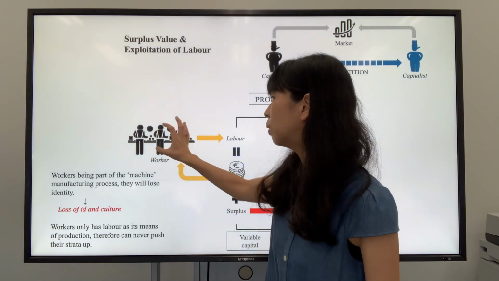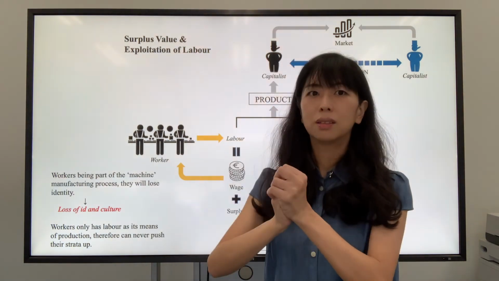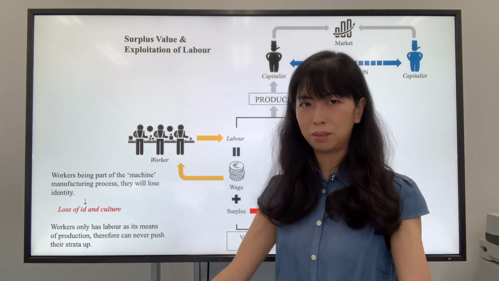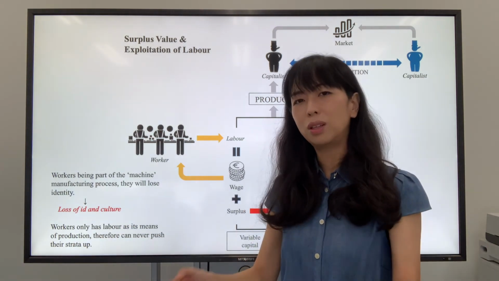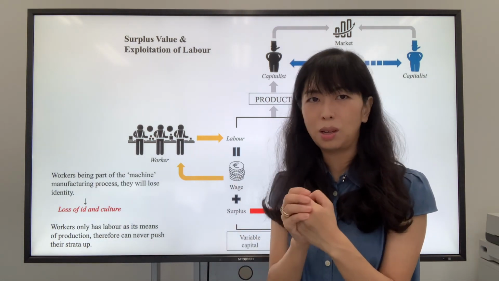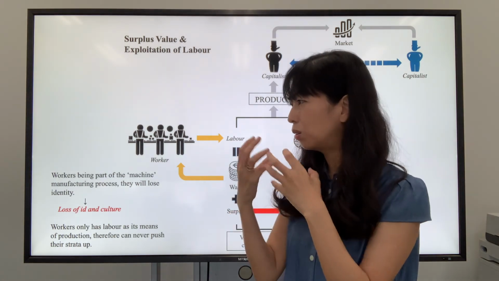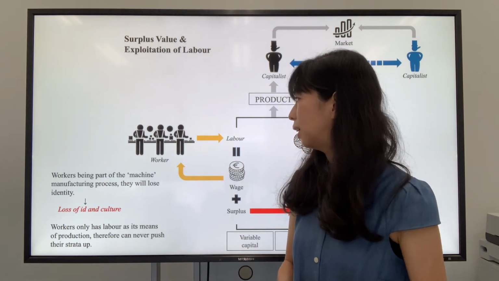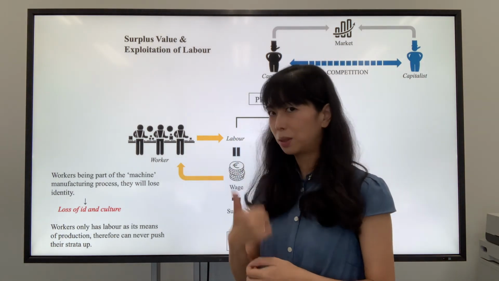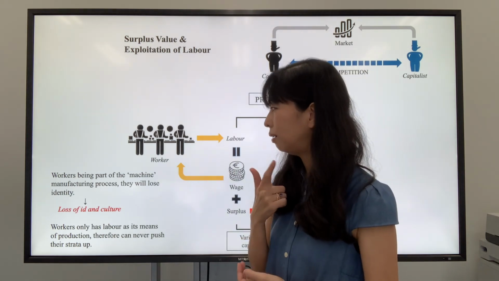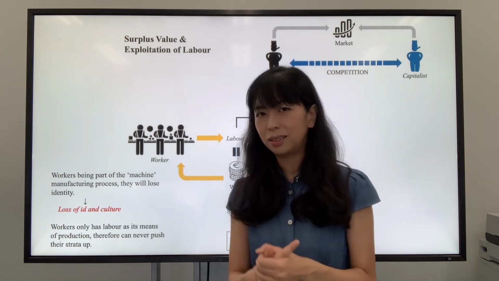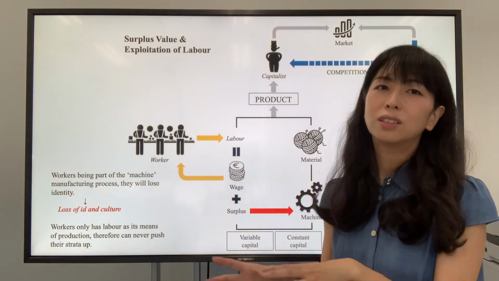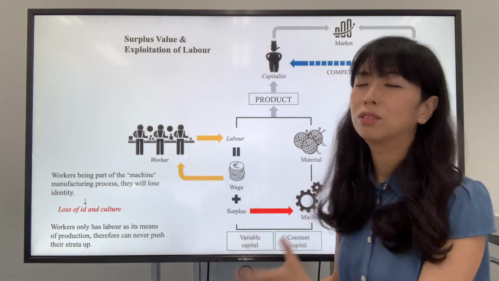People were just making parts within the big factory, so they may not know exactly what they are producing. And repeating this every day, they of course become tired, but in the end they are losing their identity, and that would eventually lead to a loss of culture.